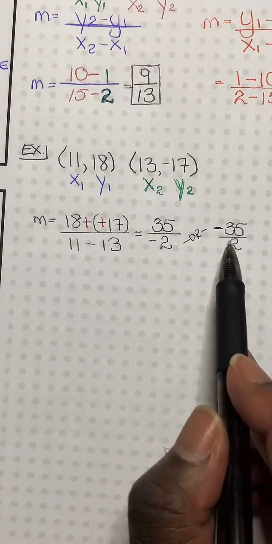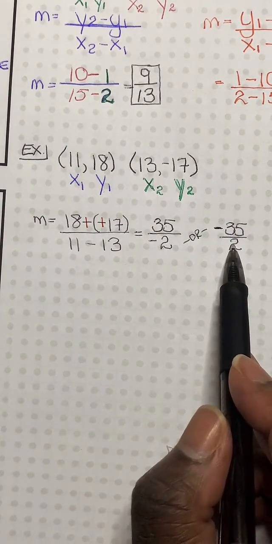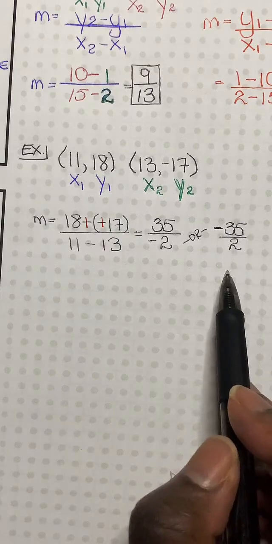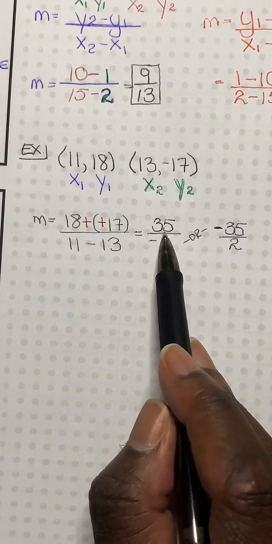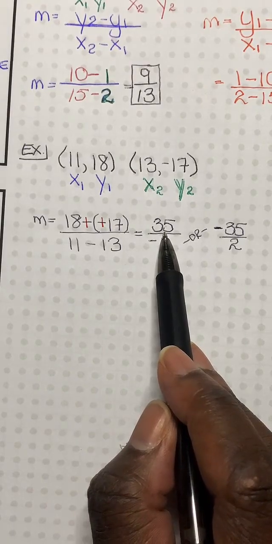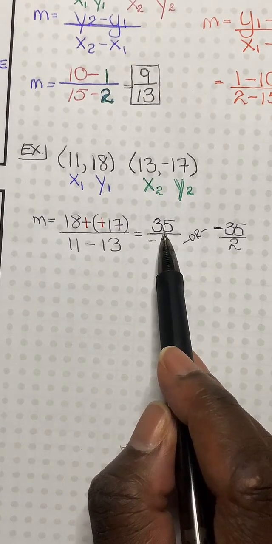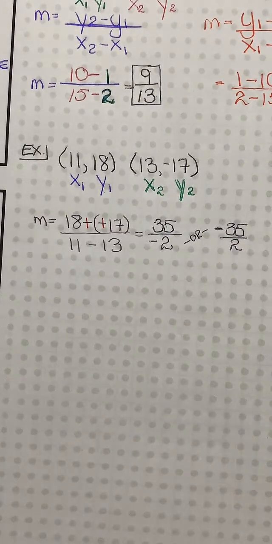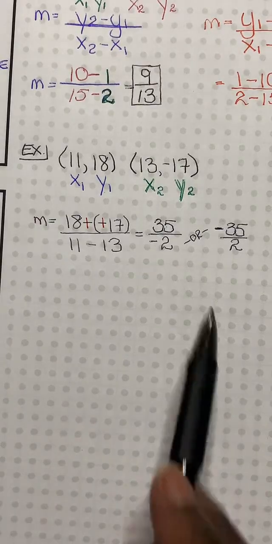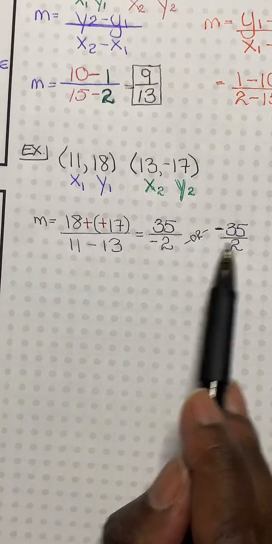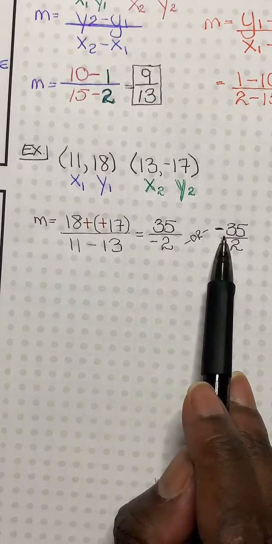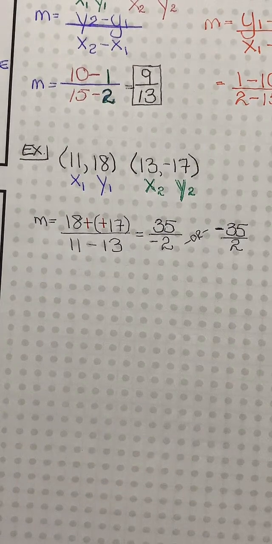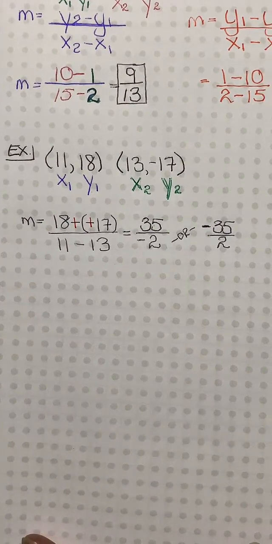But just in case you try to graph something and you can't go down negative 35, you might have to go up based off of how the graph is given to you, because sometimes people like to pre-draw graphs. If you're creating your own, go ahead and knock yourselves out. But if they're giving you one, remember, when it's a negative slope, either the denominator or the numerator will carry the negative.